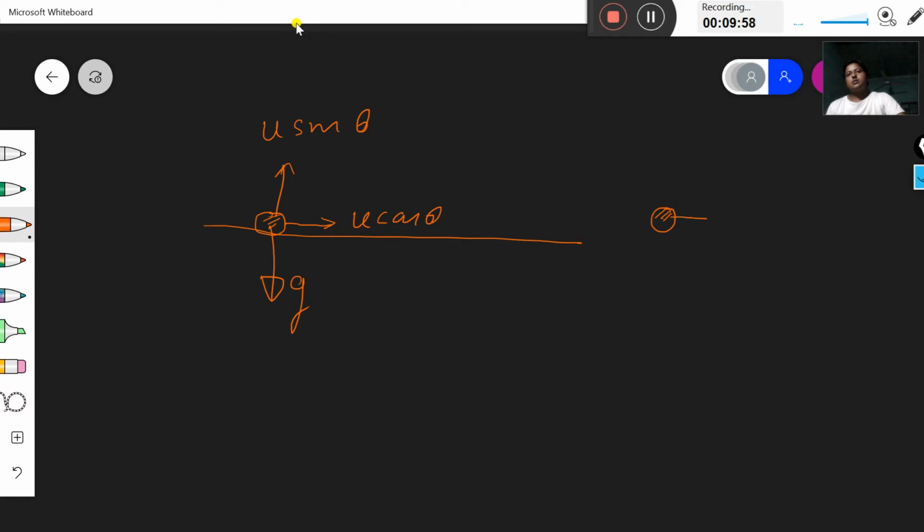As we seen, in this direction acceleration is 0 and in this direction acceleration is not 0.